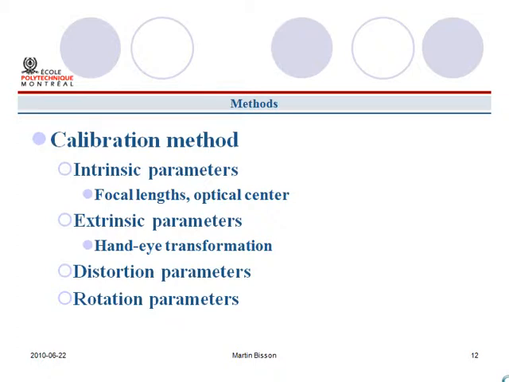The finding of this calibration part is usually known as hand-eye calibration. We also calibrate the distortion parameters, which are needed to take into account the deformation that is induced by imperfect lenses. And we use a set of rotation parameters to take into account the relative rotation between the tube scope and the camera head.